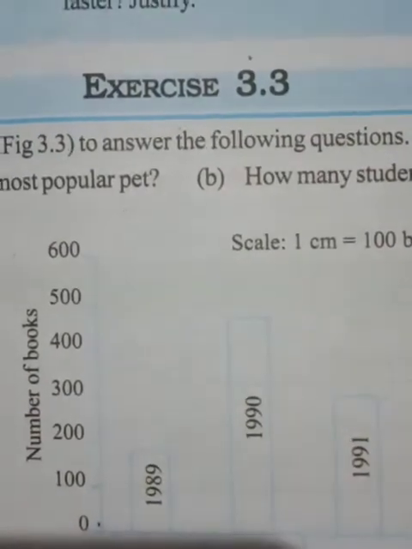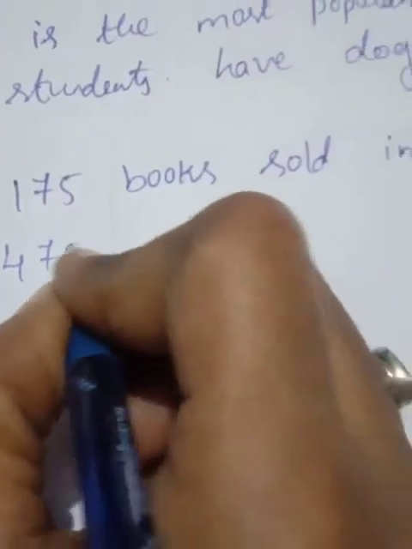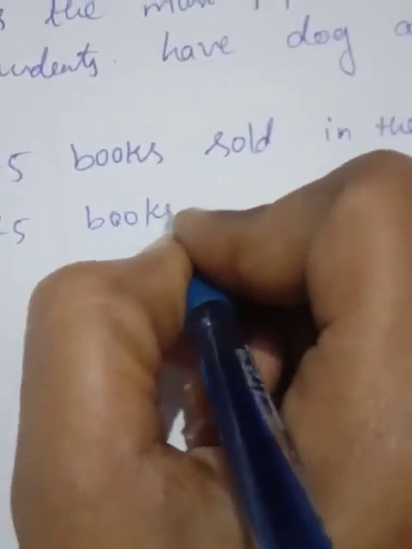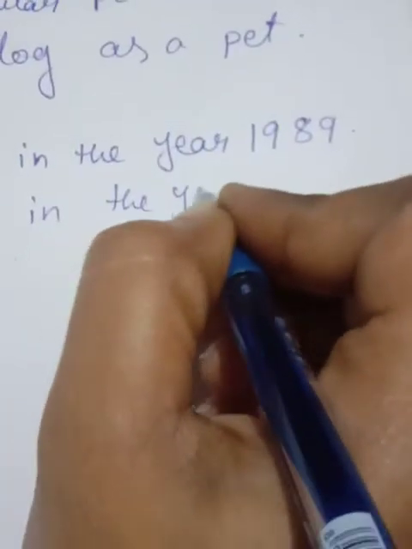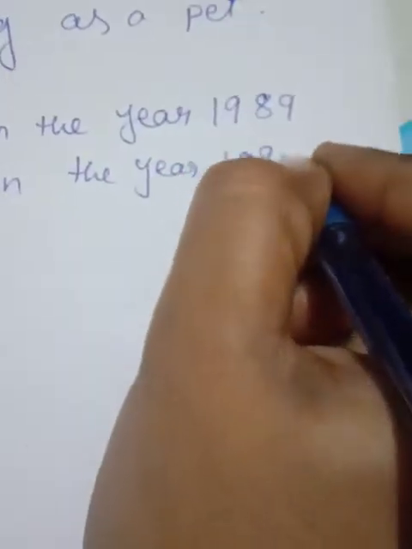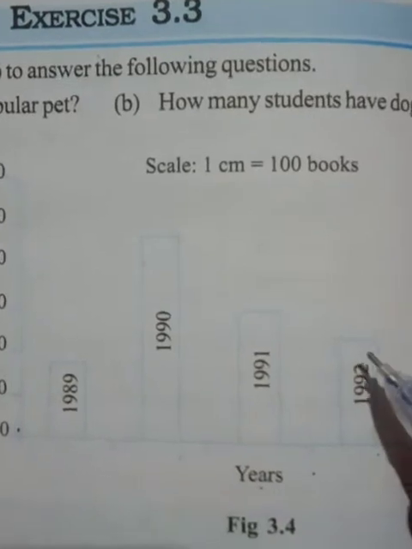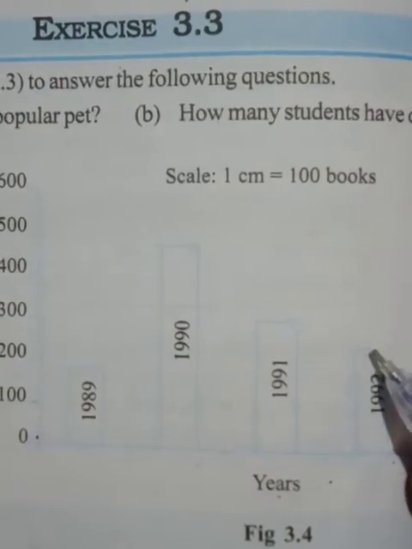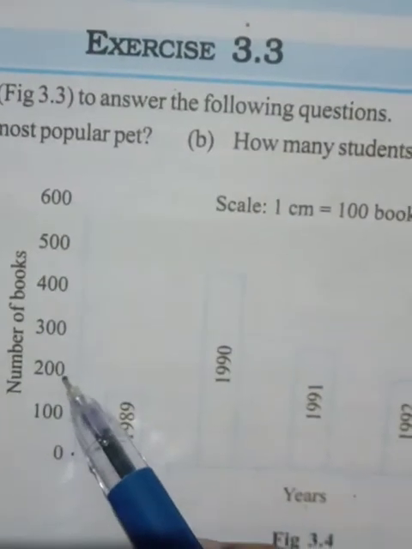Okay, next, the second one, 1990, how many books? See that one, 475. This one is also up to 3/4, that is 475 books sold in the year 1990. Understood? And then in 1992, see the graph, and see here this one is the 1992, and this one is above 200.